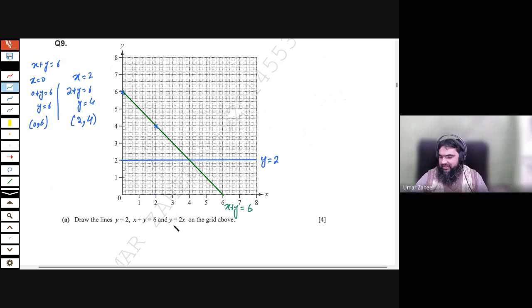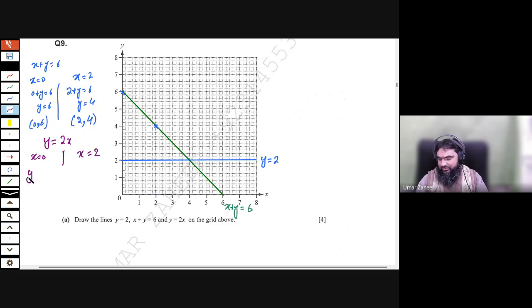Now the next one, he says that we have y is equal to 2x. For y is equal to 2x, again, choose some points. Let's say I'm going to choose x is equal to 0 and x is equal to 2.